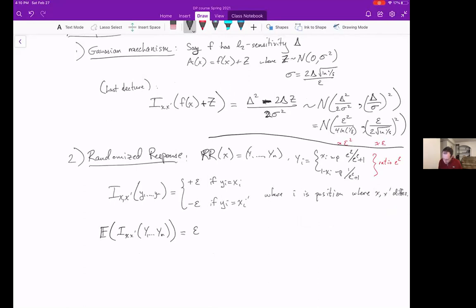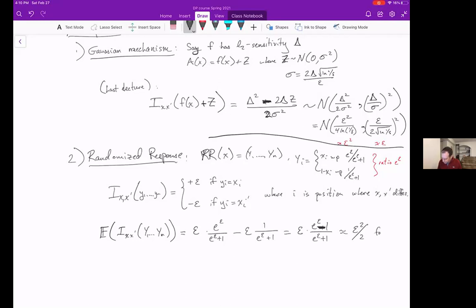So it's going to be epsilon with probability e to the epsilon over e to the epsilon plus 1, because that's the probability with which I output xi. And it's going to be minus epsilon with probability 1 over e to the epsilon plus 1. And so when I put these things together, I get epsilon times (e to the epsilon minus 1) over e to the epsilon plus 1, which is basically epsilon squared over 2 when epsilon is small.